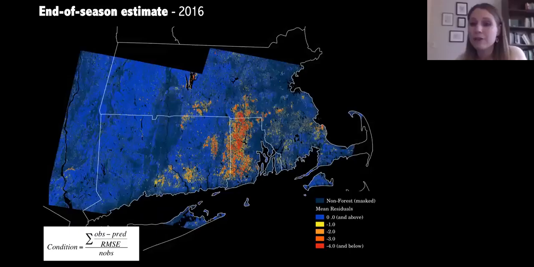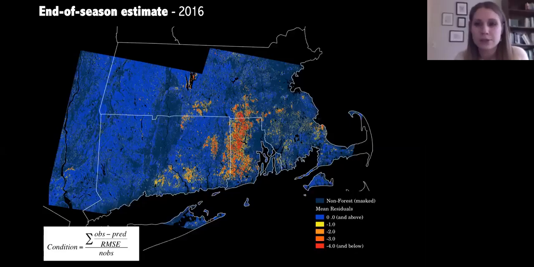And if we average our deviations from what we would predict based on the model over all of the available assessments that we got, so anywhere from those 8 to 16, maybe fewer if there were some clouds in there, then we mask out what's non-forest, so those areas in dark blue are places that we know are not forested. We get a pretty clear picture of the defoliation damage from the 2016 season.